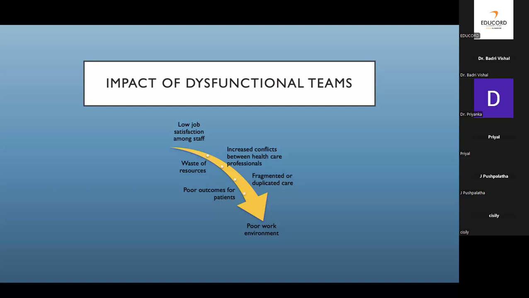So maybe the working culture is not good, or it also creates an impact once the patient gets comfortable with one kind of therapist, one kind of professional, and he or she leaves, then sometimes the patient also goes with that particular person. Okay, so this will impact your business also.